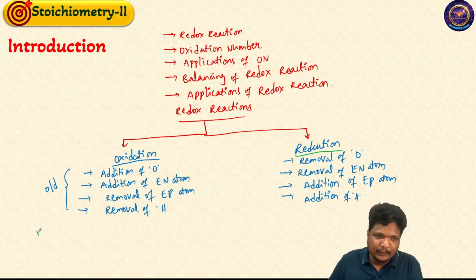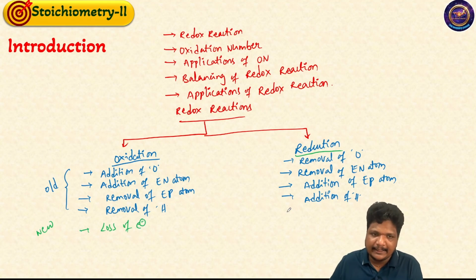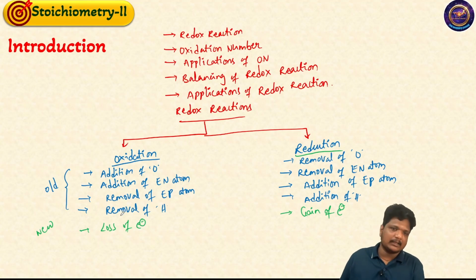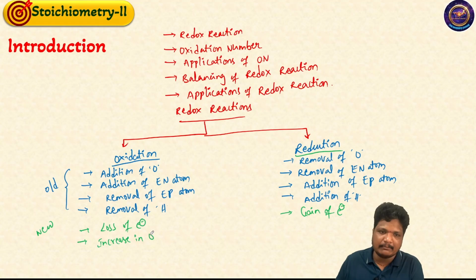As per the new pattern, oxidation can be defined as loss of electrons, and reduction can be defined as gain of electrons. During loss of electrons there is an increase in oxidation number, so oxidation can also be defined as increase in oxidation number.